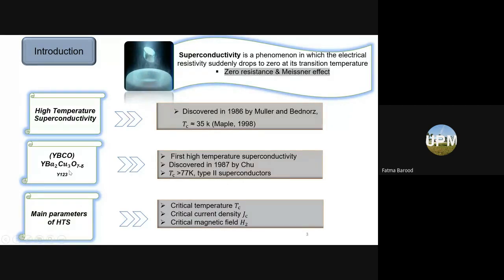This compound is named YBCO or Y123, which belongs to the type 2 superconductors. YBCO is an attractive material of the high temperature superconducting family because of its higher values of critical parameters such as critical temperature, critical current density, and critical magnetic field.